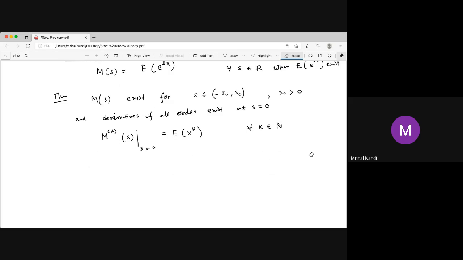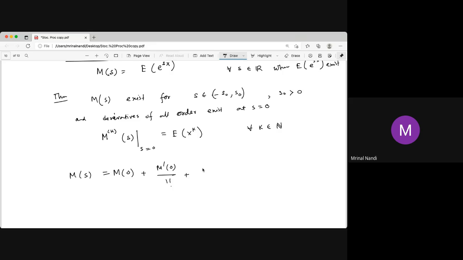And actually you can find it by the Taylor series expansion, the Taylor-Maclaurin series. You can write M(s) as M(0), then M'(0) by factorial 1, times s, then the second order derivative at 0 by factorial 2, times s squared, and so on. It is like the e to the power series or any other series.